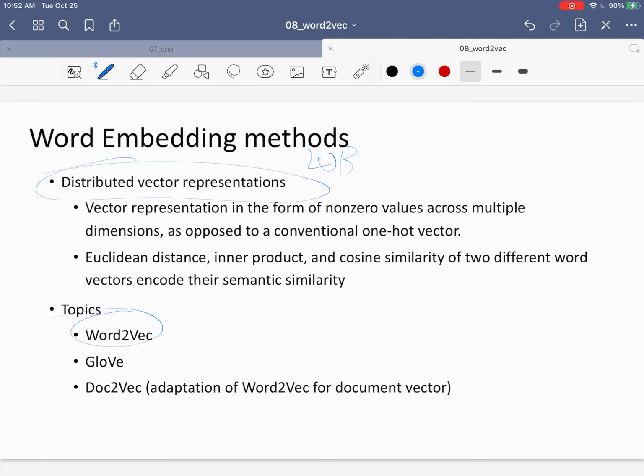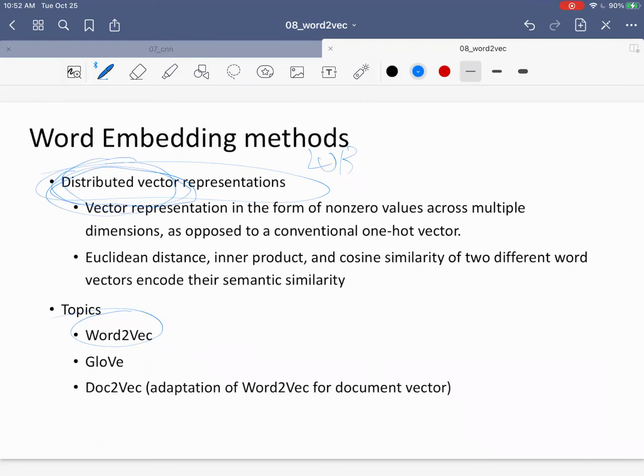So before word2vec, what is distributed vector representation? Let's talk about what this is. The distributed vector representation is an antithesis, in contrast to one-hot representation, where out of all the dimensions, only one dimension is 1 and all the other dimensions are 0. That was one-hot representation, right?